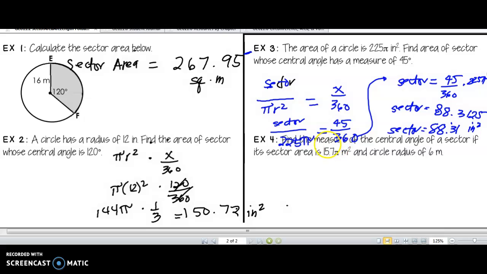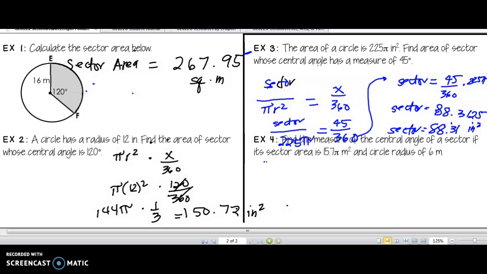Okay, the next one. Find the measure of the central angle of the sector if its sector area is 15.7 pi square meters and the circle radius is 6 meters.